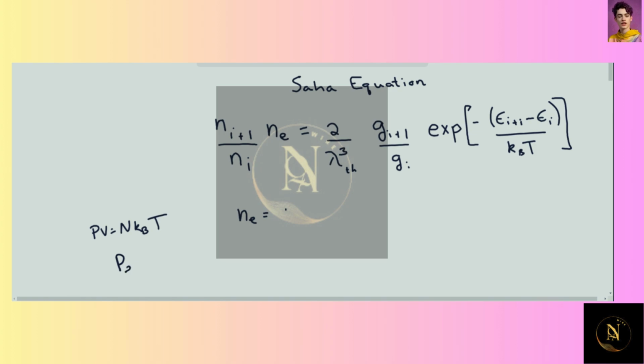So the pressure of the electron gas is N_e k_B times T. So we could find the number density if we knew the electron pressure. And what we'll be doing is using this equation inside the sun. So we know very well what the electron pressure is, as well as the average temperature.